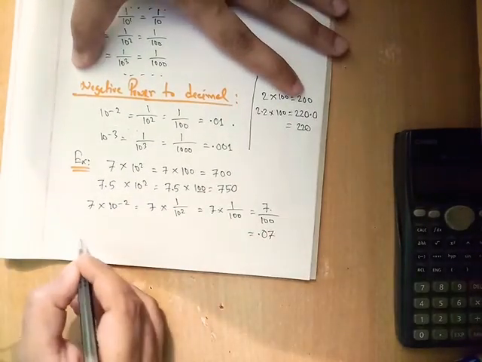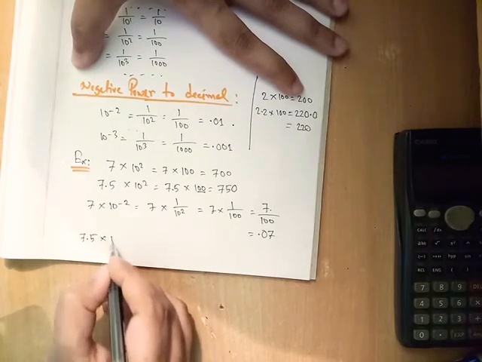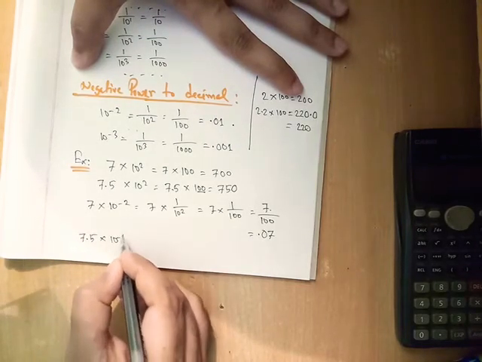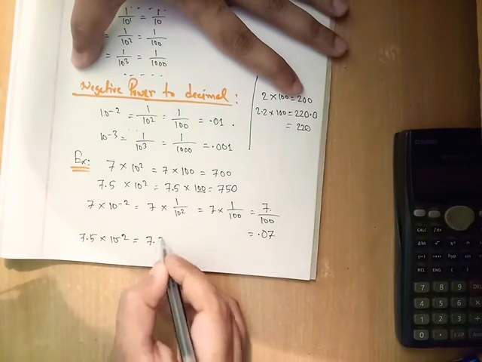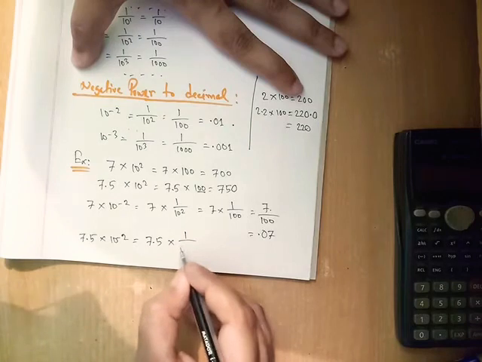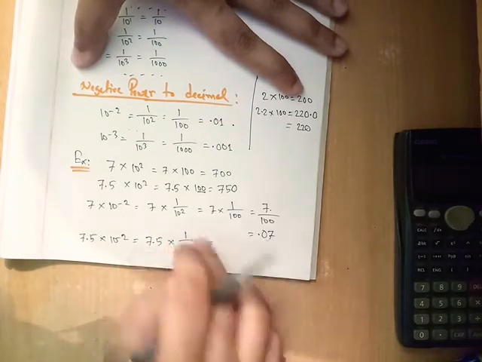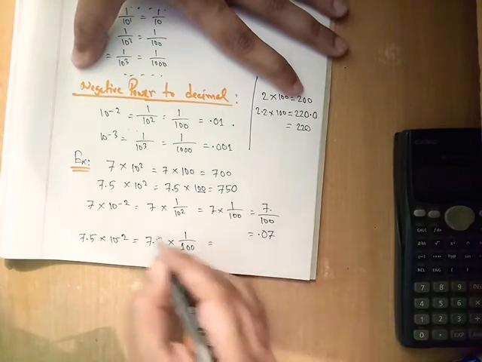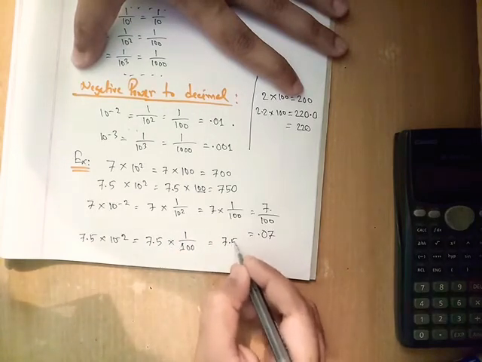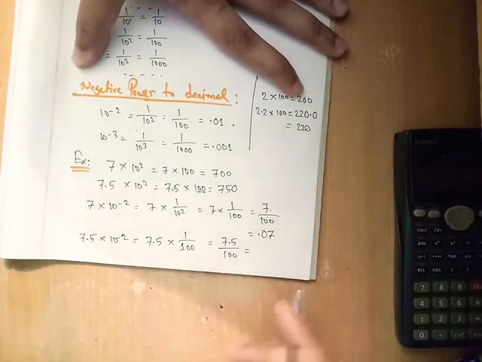Now with a decimal number, same number, 7.5, multiply with 10 to the power minus 2, same thing, write 7.5, transform this into a fraction. 1 by 10 squared is basically 1 by 100. Now multiply the numerator with this number here, so 7.5 into 1 gives us 7.5, and now divide it by 100.